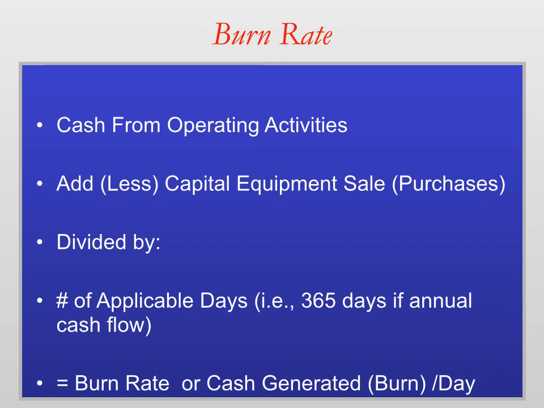Or in other words, what's our cash burn rate if we're spending more than we're bringing in. If we're actually generating cash, that's considered our cash generation or cash build rate. But what this tells us is how much cash we are spending on a daily basis, or in some cases you may only want to make it weekly or monthly, but it gives you a sense of how long our cash will last.